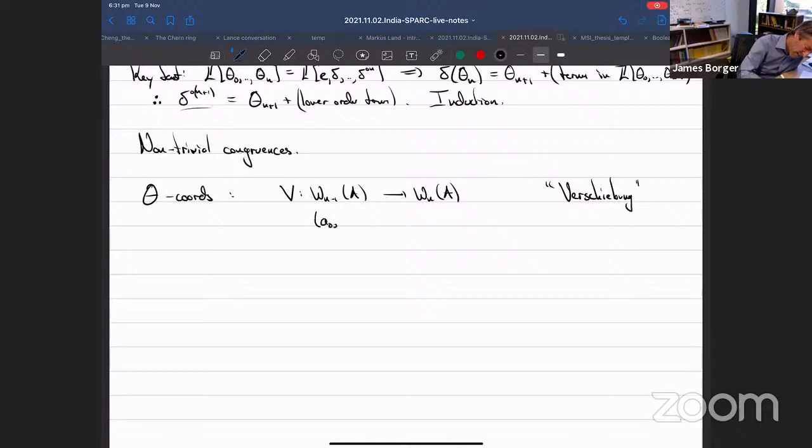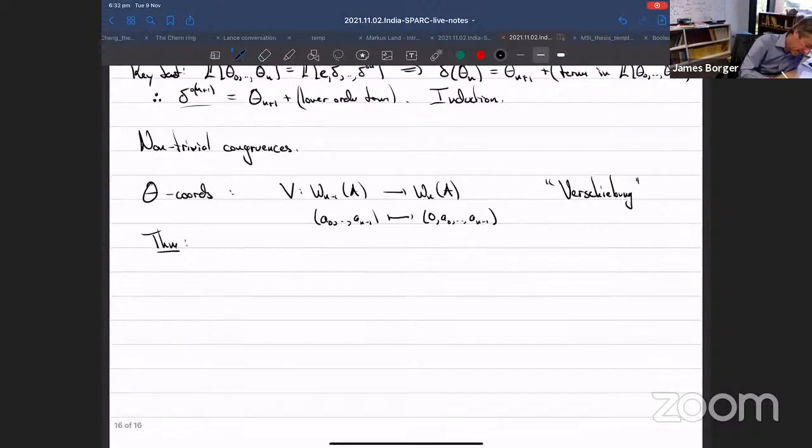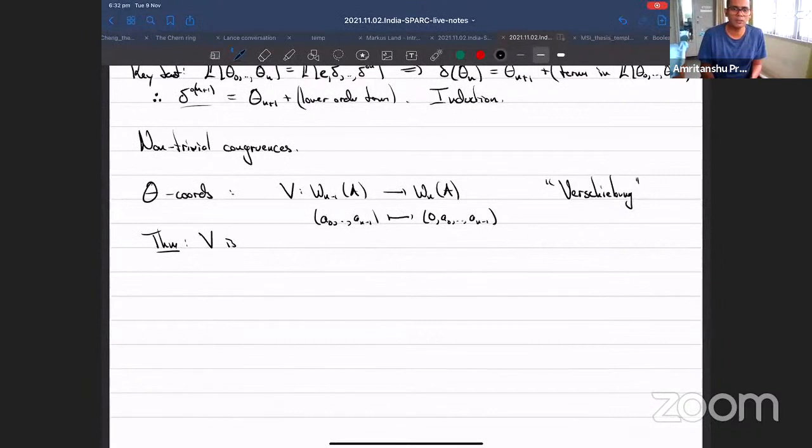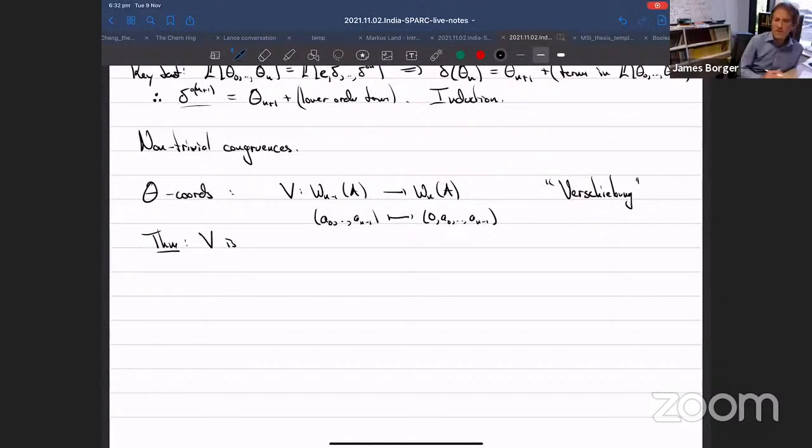So it takes a0 up to a_{n-1} to 0, a0 to a_{n-1}, and so this is certainly a well-defined function, but in fact it's additive. What's W_{n-1}? W_{n-1}, bit vectors of length n minus 1.